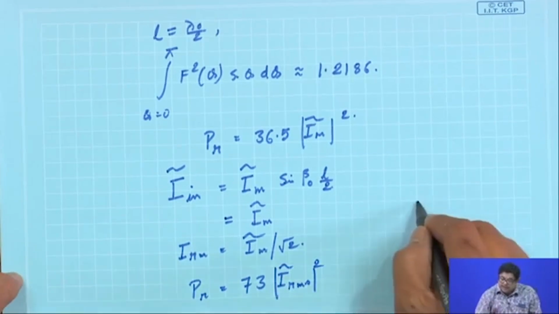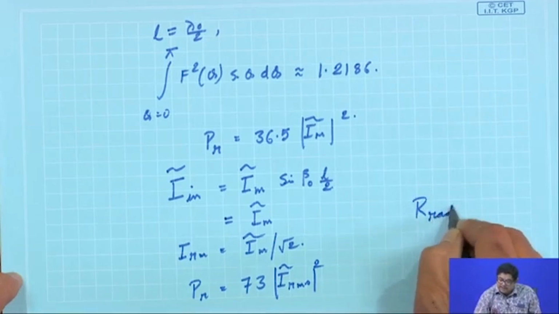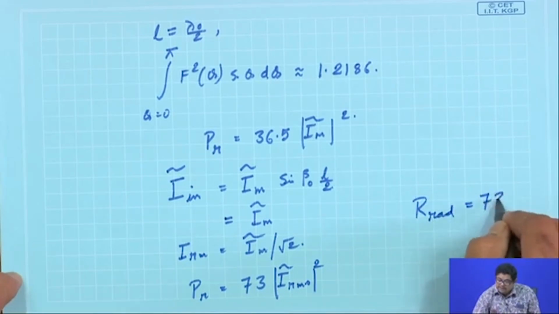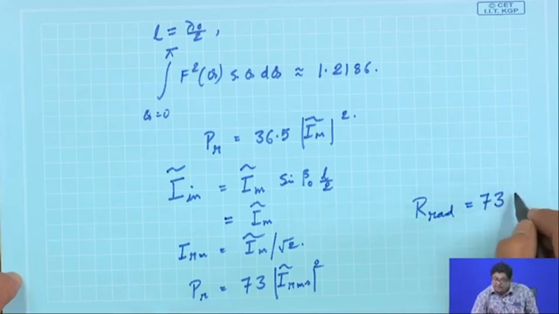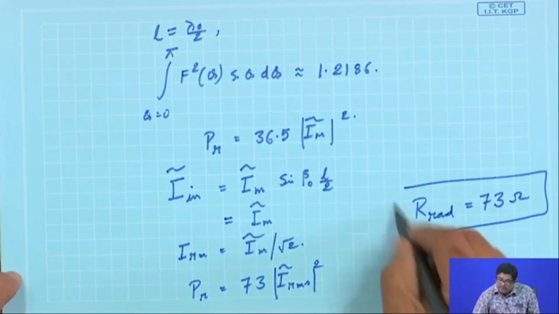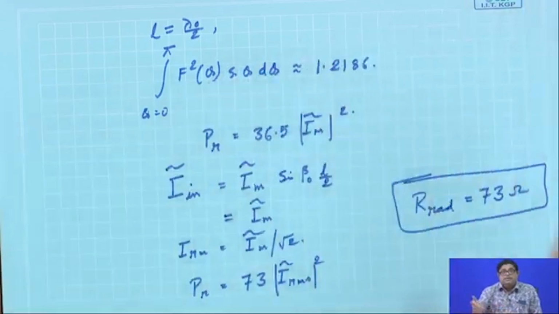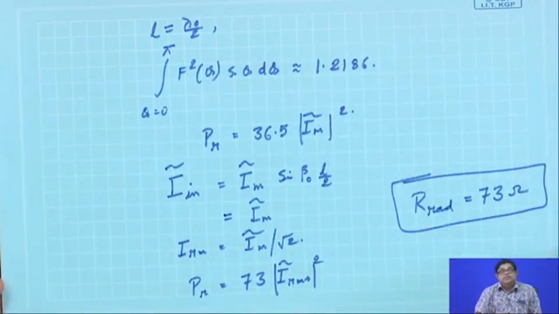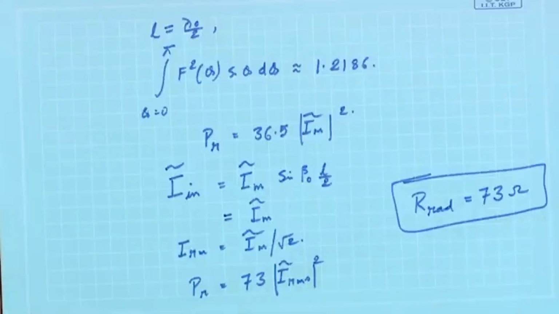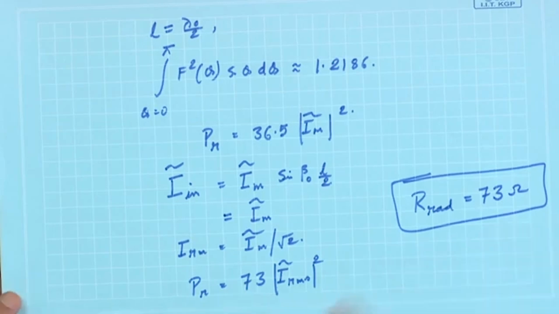So, this shows what the radiation resistance is. The radiation resistance of a half wave dipole is 73 ohm, whereas in previous cases we have seen for current elements, we calculated various values for various frequencies, and it was some milli ohm, etc. 73 ohm is quite sizable, which means quite a good amount of radiation is taking place if we take the size to be lambda naught by 2.